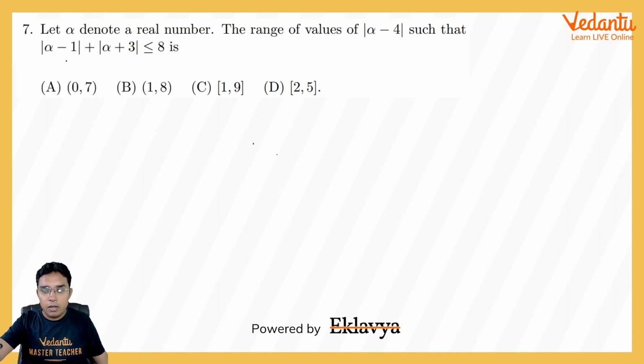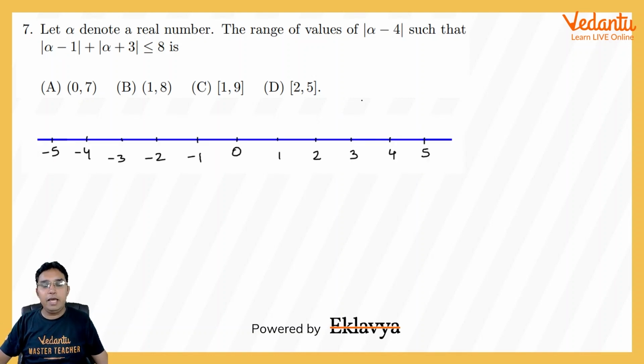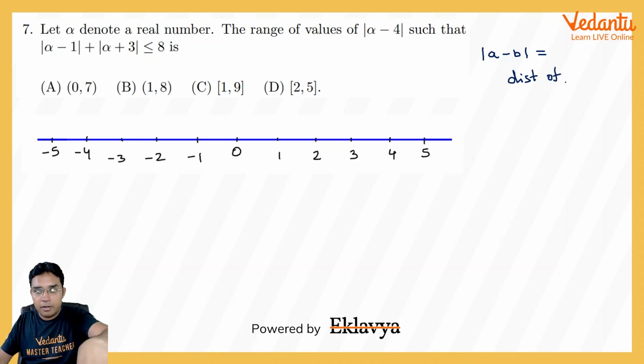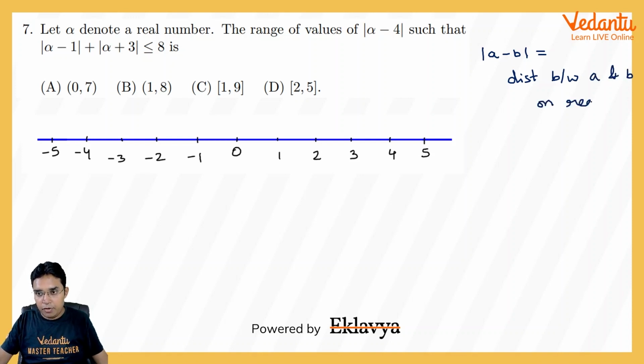Okay. Now dear all, I will tell you this with the help of the meaning of mod. As you all know, mod A minus B actually represents the distance between A and B on the real number line, if A and B are real numbers.